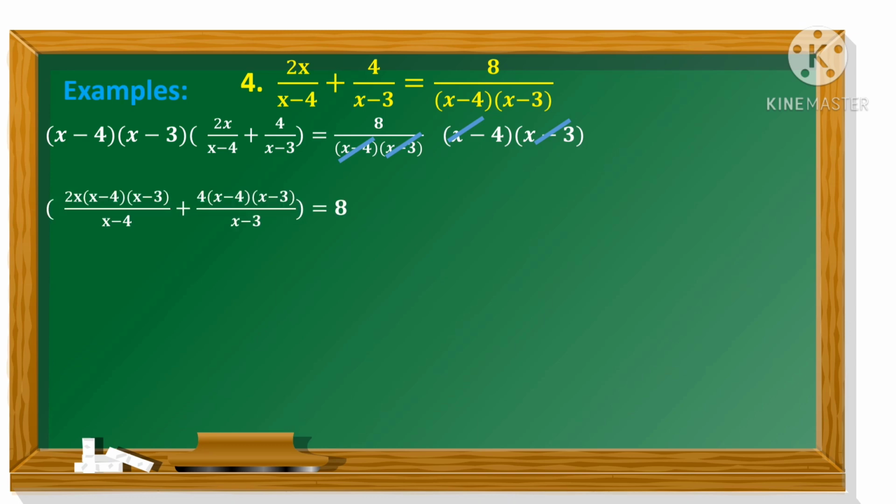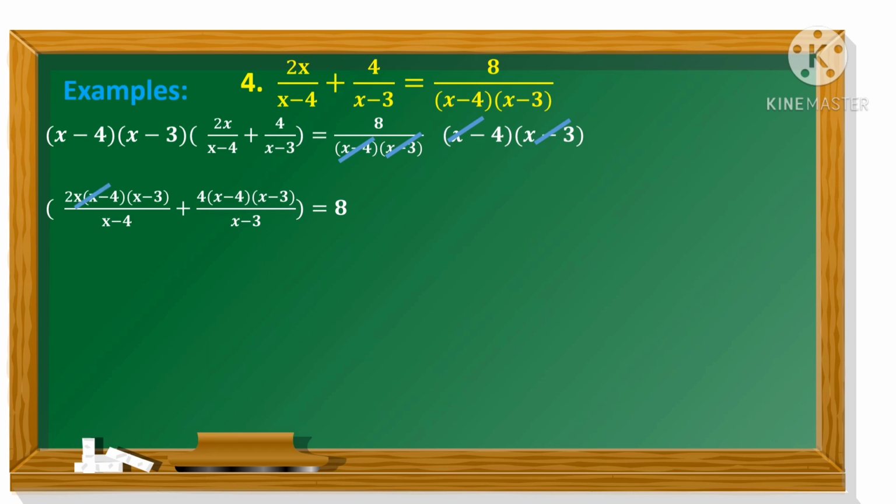So it will become now, then distribute this expression here to 2x. So you have 2x times x minus 4, x minus 3 over x minus 4. Then again, this expression multiplied to 4. So 4 times x minus 4 times x minus 3 over x minus 3. Then we can do the cancellation.